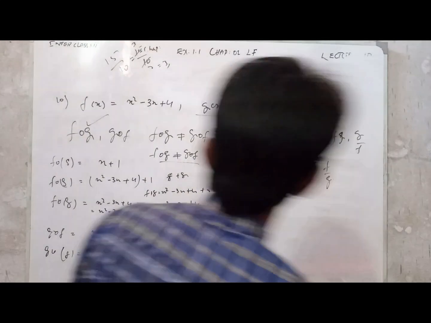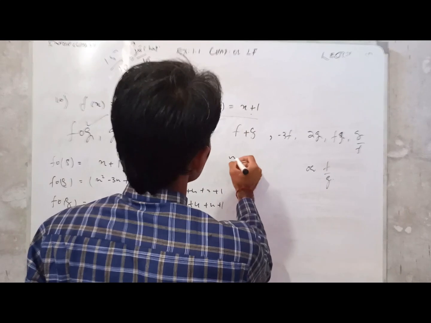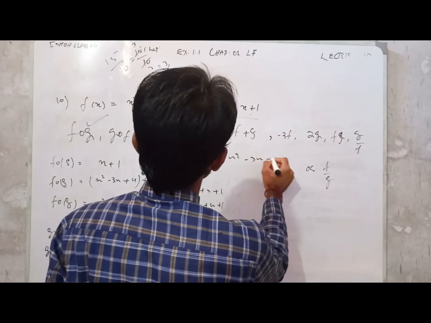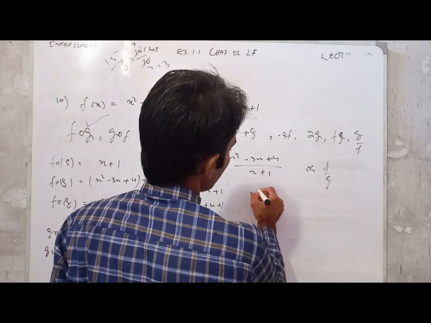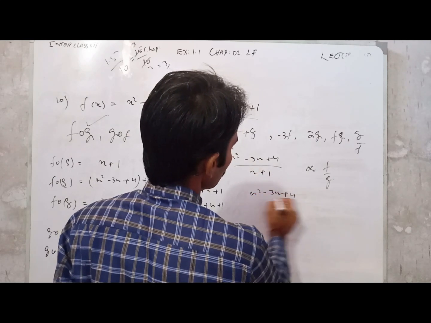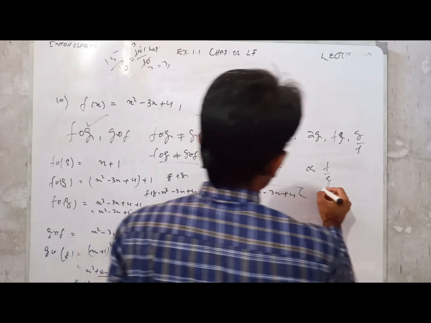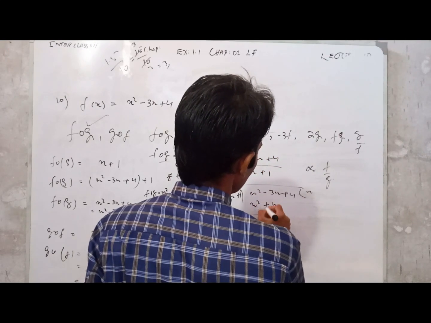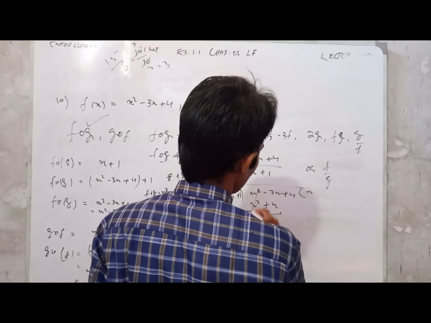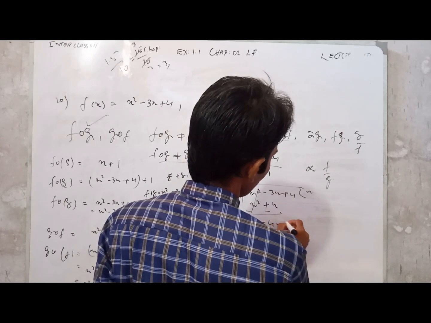So we will move towards f of g, x square minus 3x plus 4 divided by x plus 1. We will just divide by x plus 1. We take x square plus x, so this cancels to 0, and we get minus 4x plus 4.